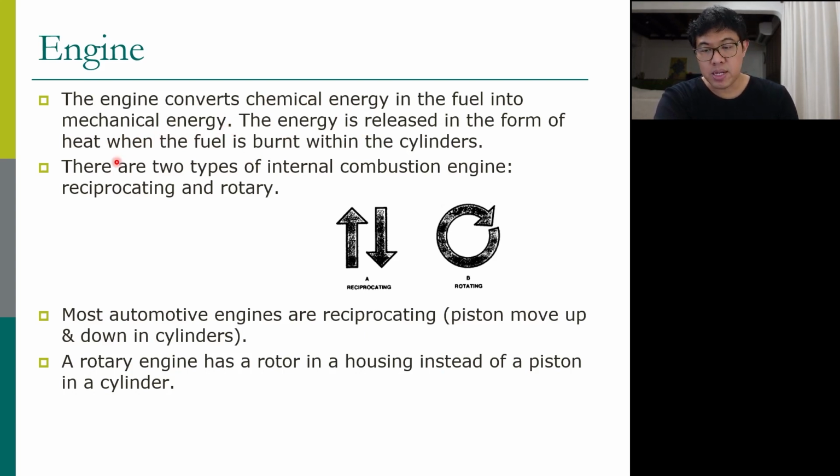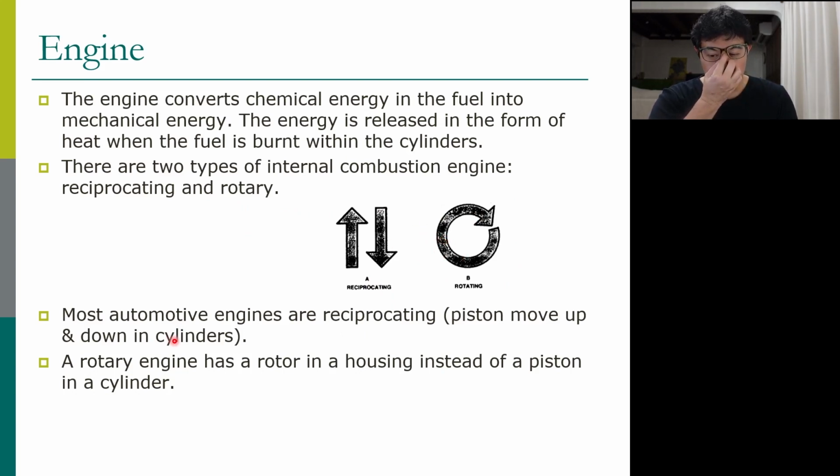There are basically two types of internal combustion engine. The most familiar one is reciprocating, which means the movement of the engine is up and down, and rotary, where the basic movement of the engine is rotary.